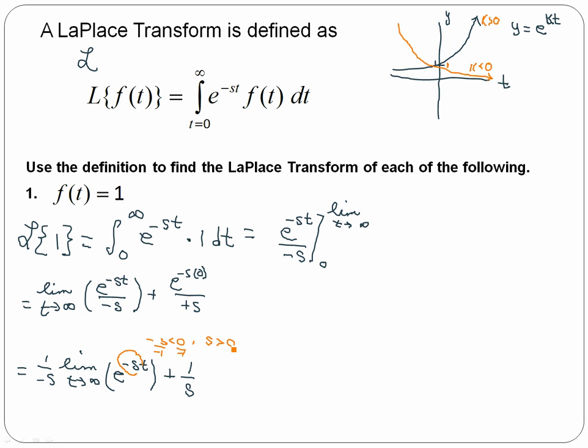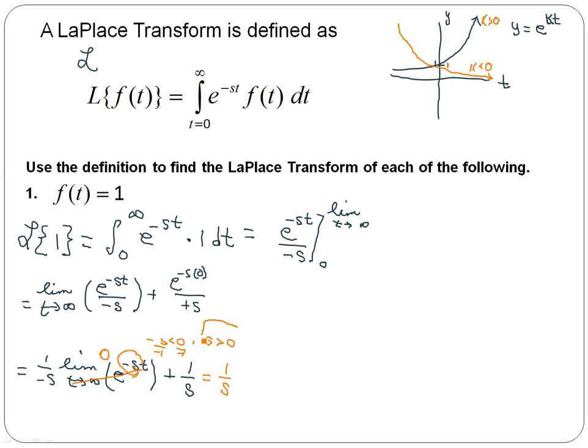0 divided by anything is 0. So if s is greater than 0, then the limit as t goes to infinity of e to the negative st will be 0, and I get 1 over negative s times 0, which is 0, plus 1 over s, or just 1 over s.